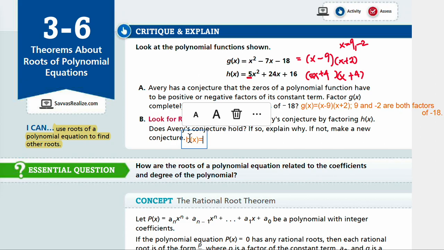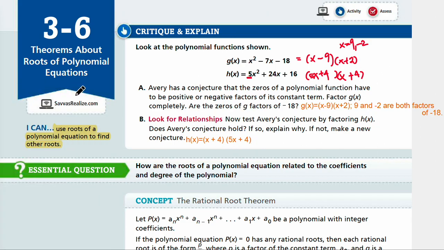So we can rewrite h of x as these two factors. h of x is equal to x plus 4 times 5x plus 4. And what are the zeros?